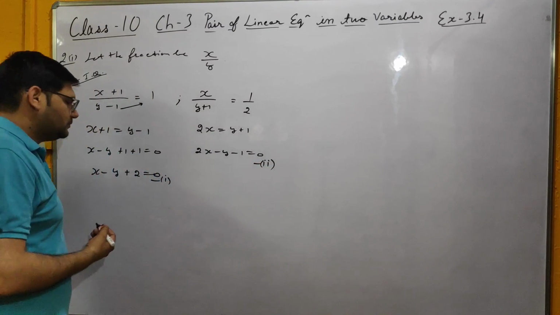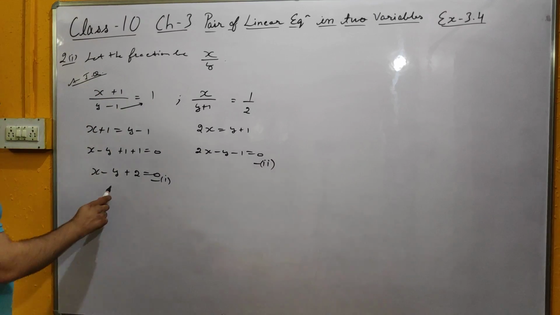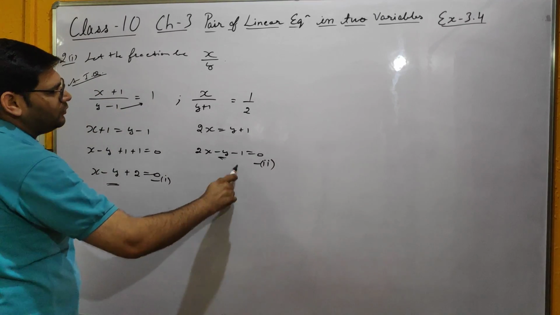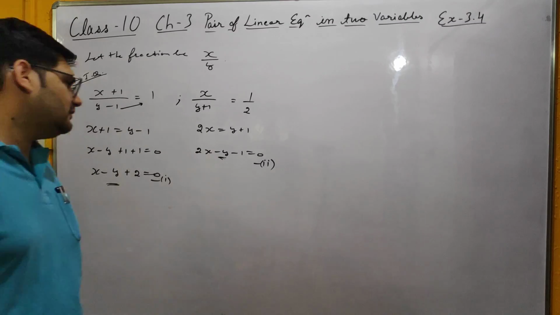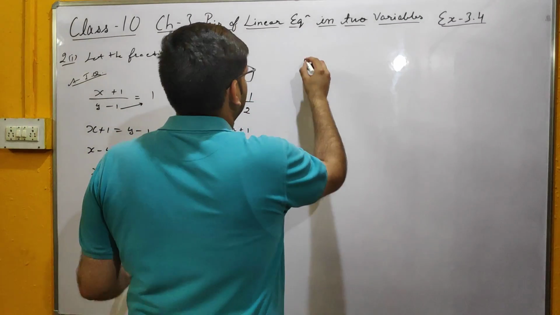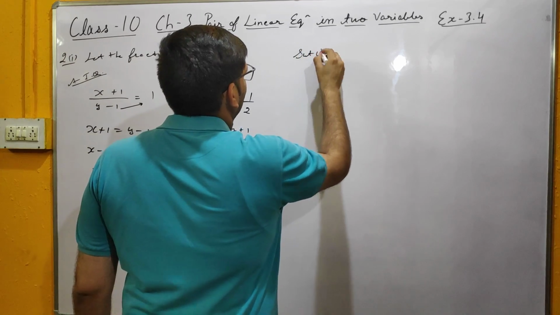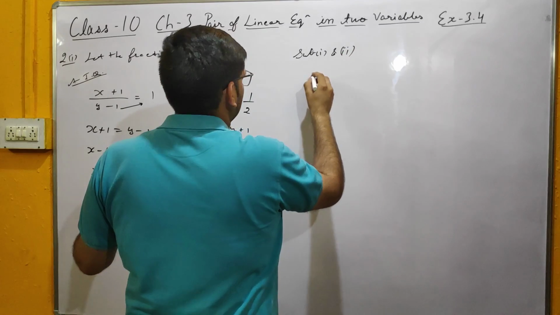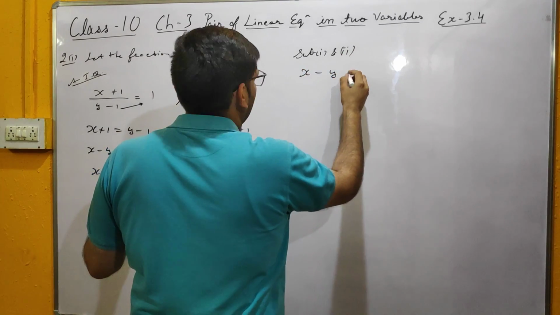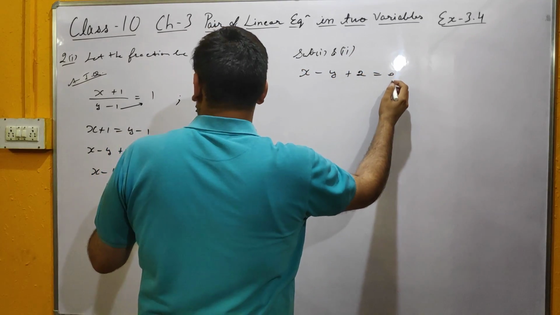Now what we can do? We can see that y is already equal over here. So we will just subtract them and we will find the answer. Subtract 1 and 2. So x minus y plus 2 equals to 0.